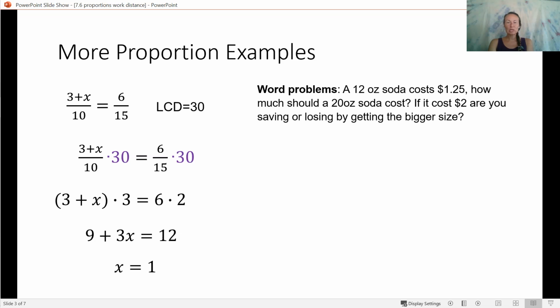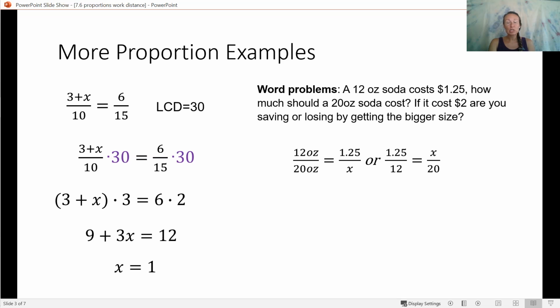So the way we can set this up is with a proportion problem. We want to figure out proportionally what a 20-ounce soda should cost if we're paying the same amount per ounce of soda. So we can set up this equation in 2 ways, really more than 2 ways. What's important here is that the same things are always directly above or directly across from each other.